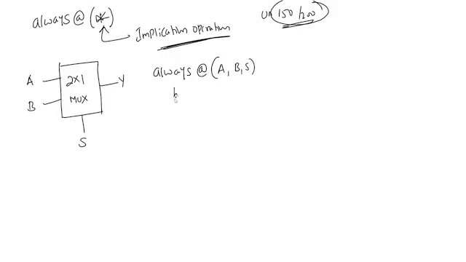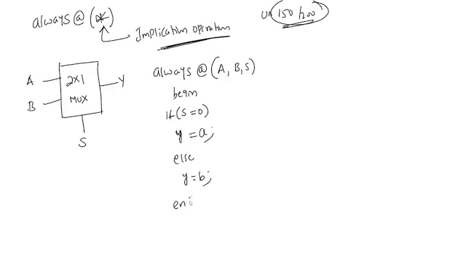Then begin. You can use an if else statement, or you can use a ternary operator, or you can use a case statement also. Suppose here, if s equal to 0, then y equal to a, else y equal to b.